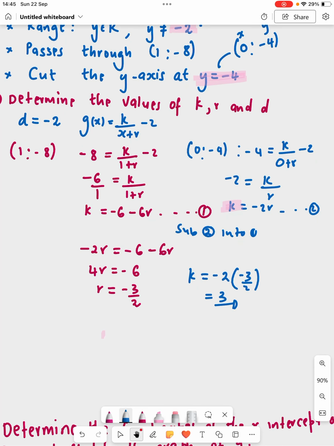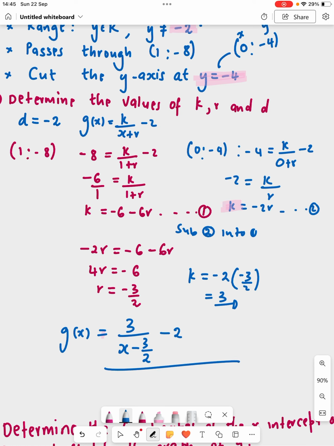So therefore, our equation can be written as g of x is equal to 3 over x minus 3 over 2, and then it's not plus, but it's minus 2.